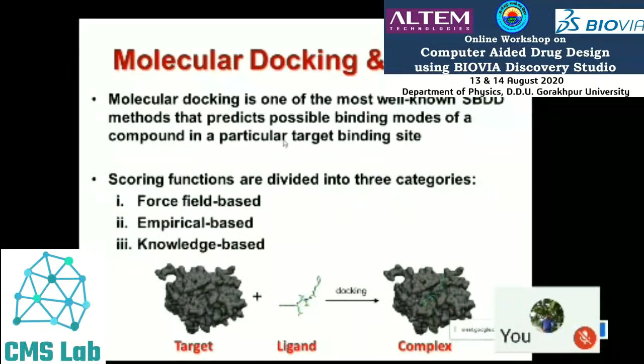They use statistical inferences from the general protein-ligand interactions, so they don't have much information about the physical atomic contacts. These are the three very well-known scoring functions used in molecular docking.